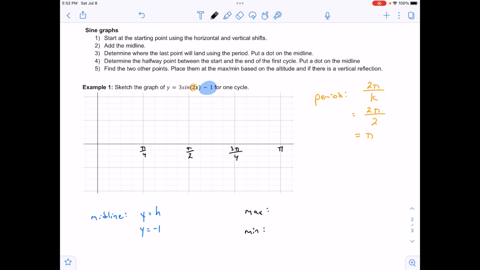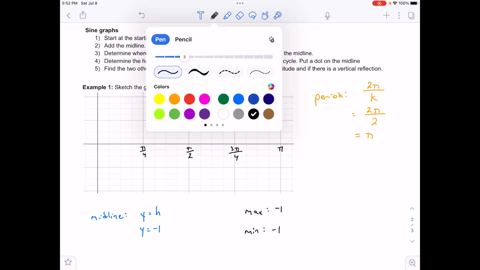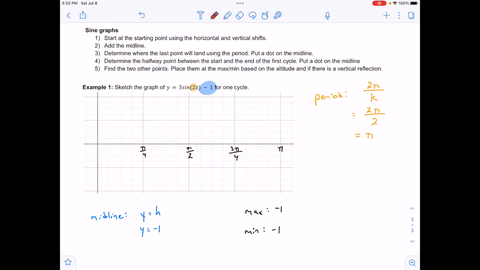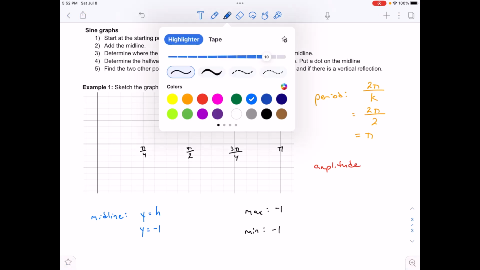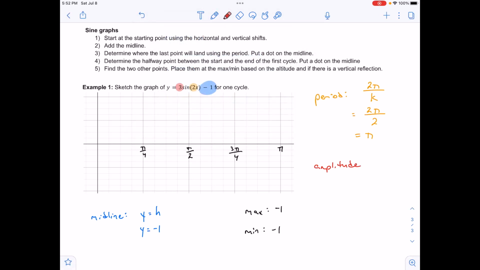We start at our midline. And for our max, we need to go up by our amplitude. In this case, our amplitude, A, is 3. So we need to go up by 3. My max, I'm going to go up -1 plus 3. Midline is going to go down by 3.